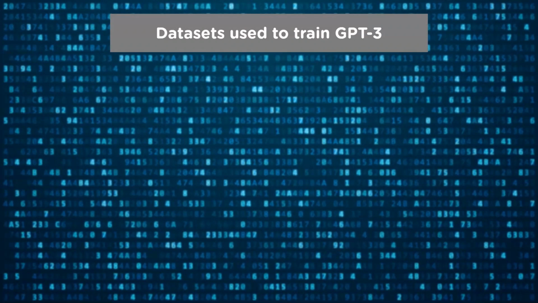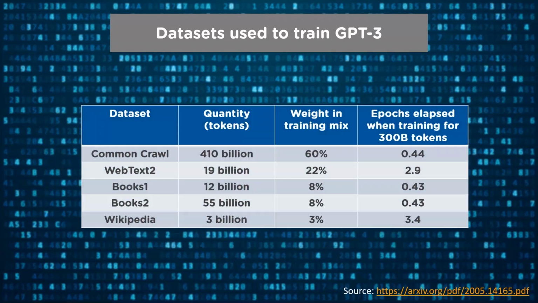Next, let's talk about the datasets that were used to train the GPT-3 model. So, a total of 5 datasets were used in GPT-3, that is Common Crawl, WebText2, Books1, Books2, and Wikipedia. The next column shows the number of tokens that were used in billions.